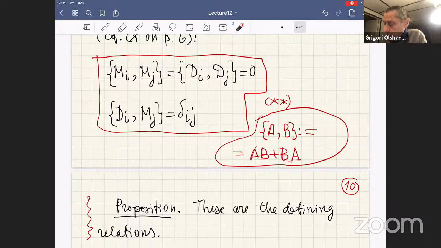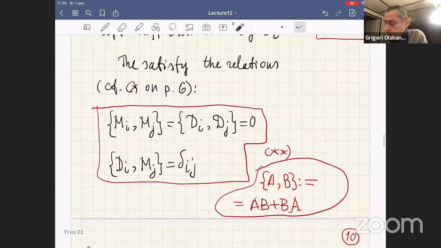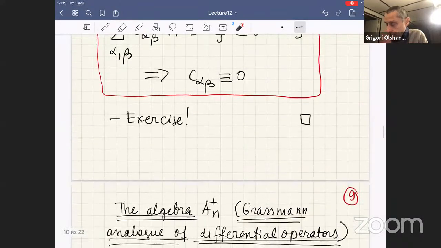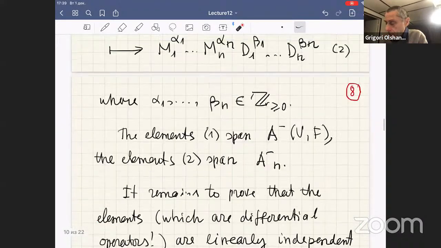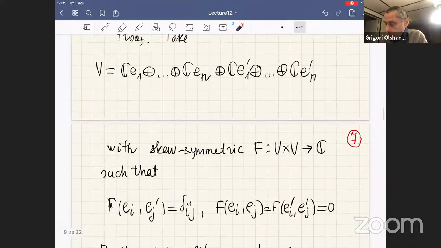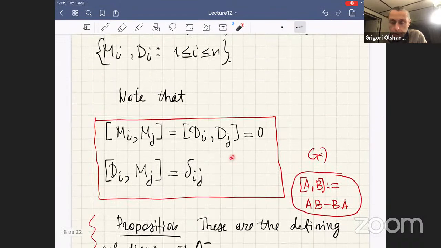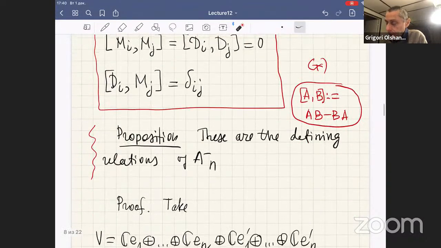And look, these relations are very similar to these relations. Just the bracket is different. Plus bracket instead of minus bracket. So a striking similarity.